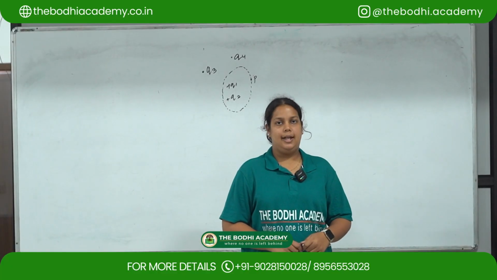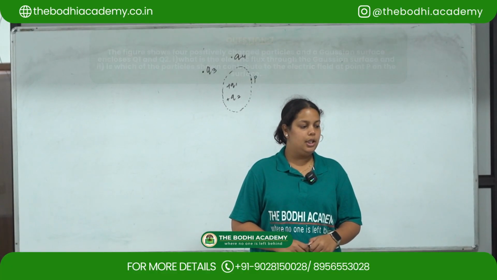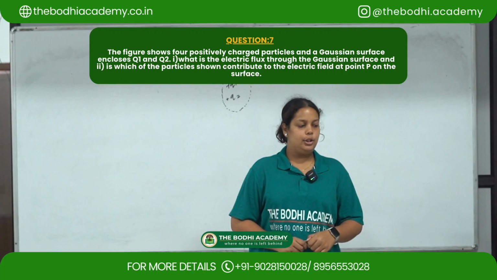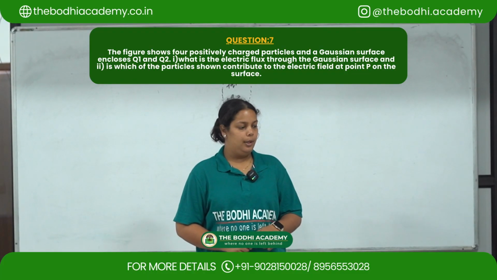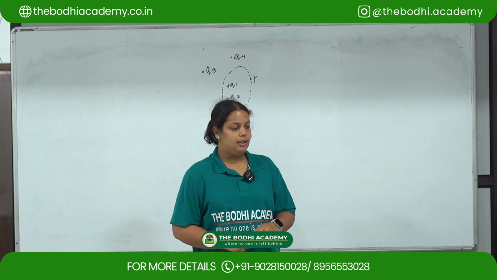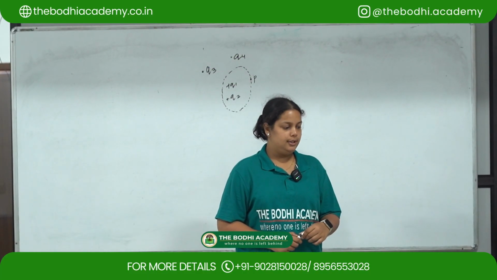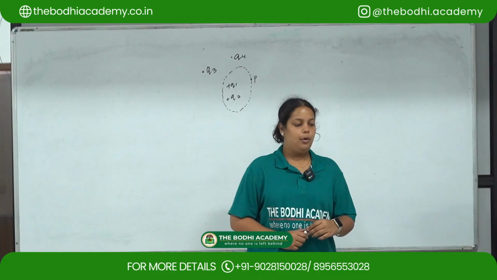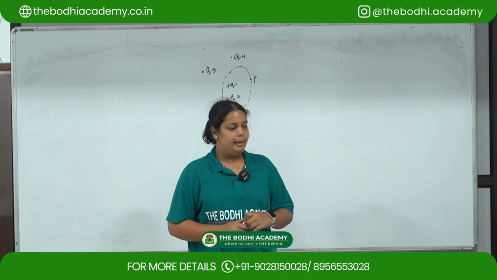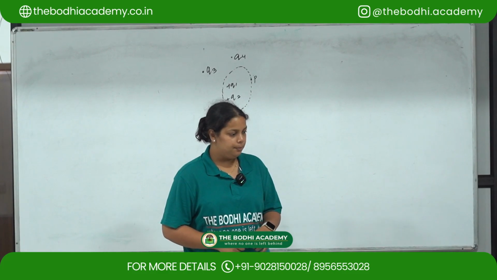So coming to the next question, the figure shows four positively charged particles and a Gaussian surface that encloses Q1 and Q2. The first sub question is, what is the electric flux through the Gaussian surface, and B is, which of the particles shown contribute to the electric field at point P on the surface.